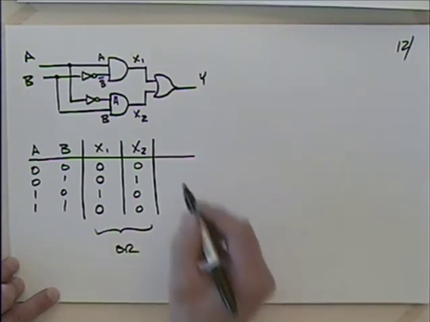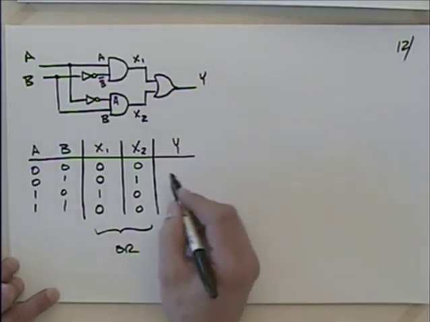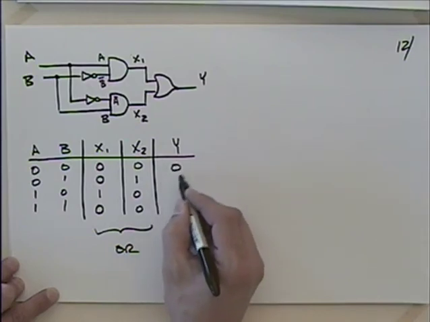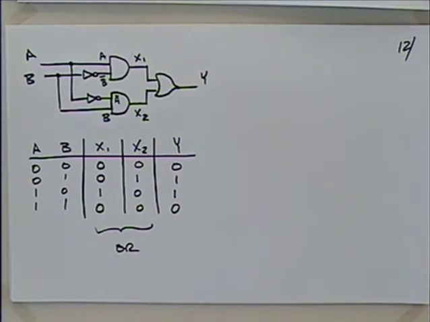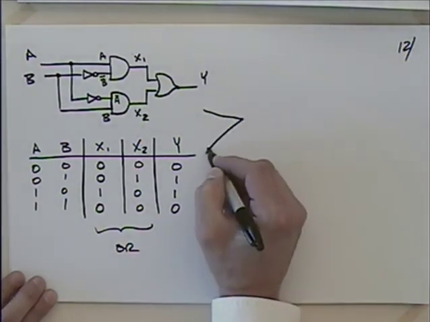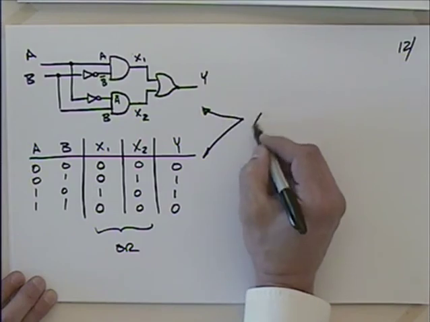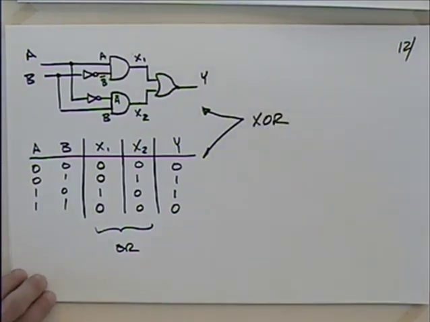So if I look at an OR, when I OR those, I have a 0, I have a 1, I have a 1, and I have a 0. So what in the world is this thing if we wanted to give it a name? Yeah, exclusive OR, an XOR is how it's behaving.